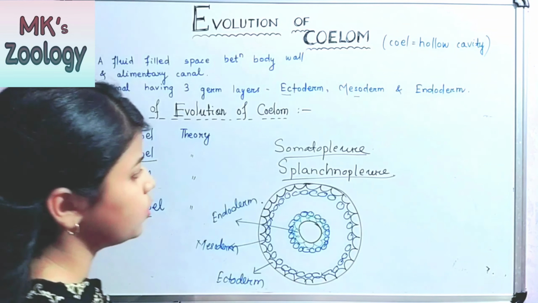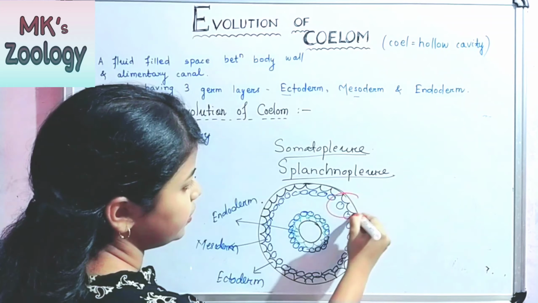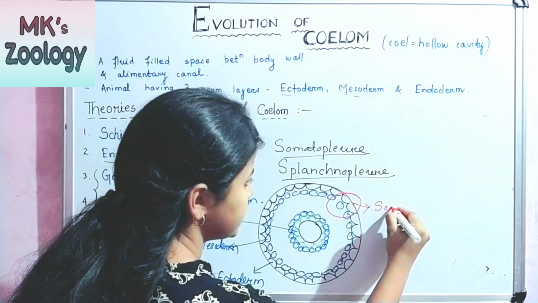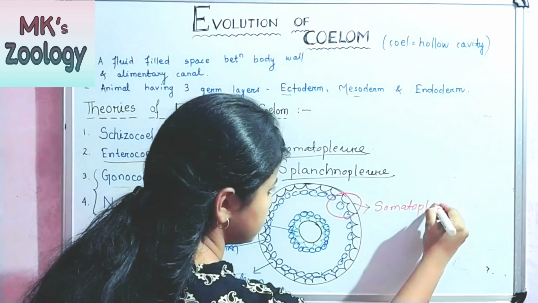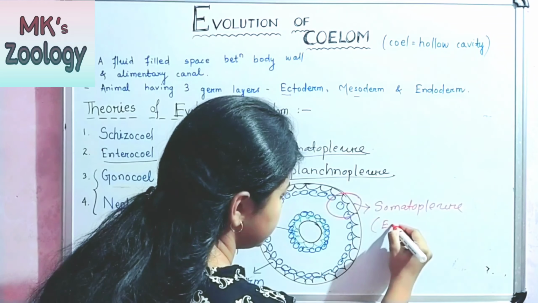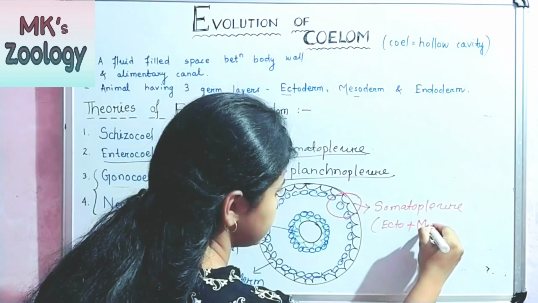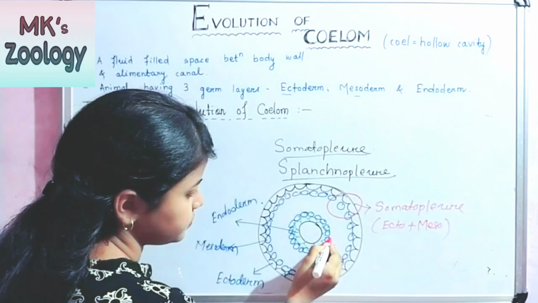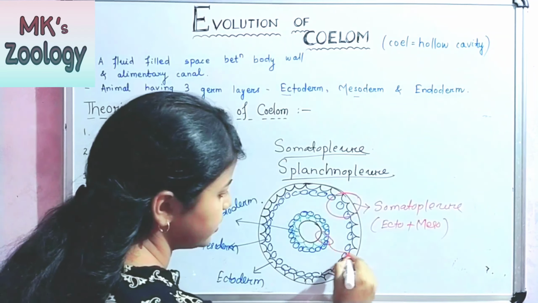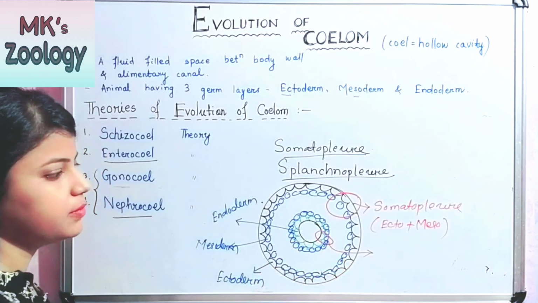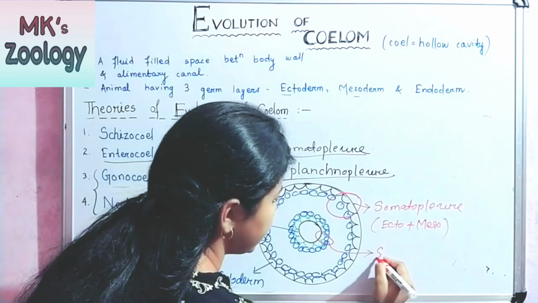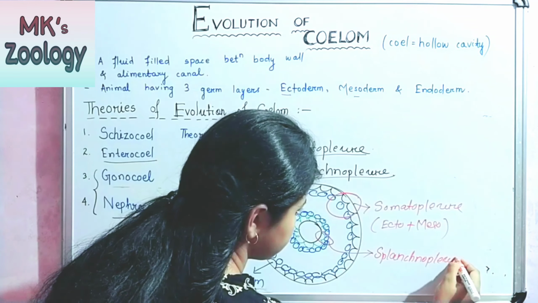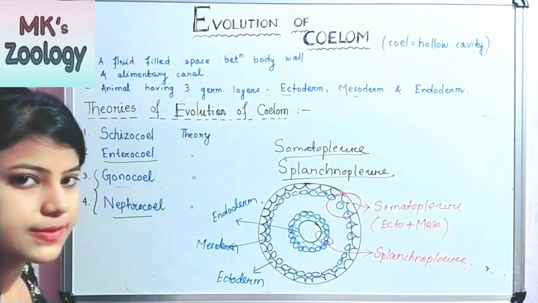Somatopleure is the ectoderm and the mesoderm. Both the layers form the somatopleure. Ectoderm plus mesoderm is somatopleure, and splanchnopleure is the endoderm and the mesoderm cells. How is it formed?